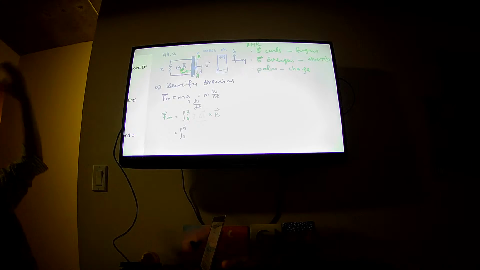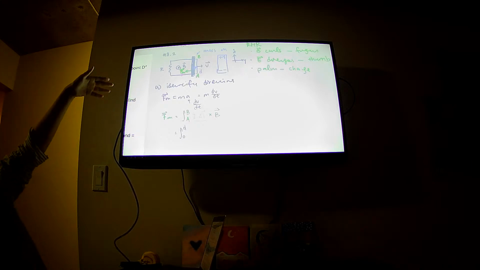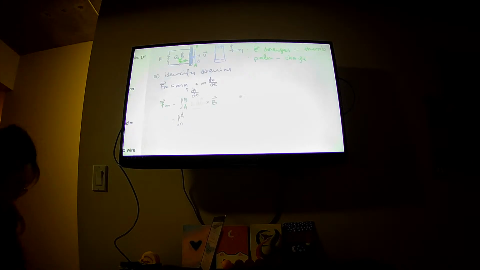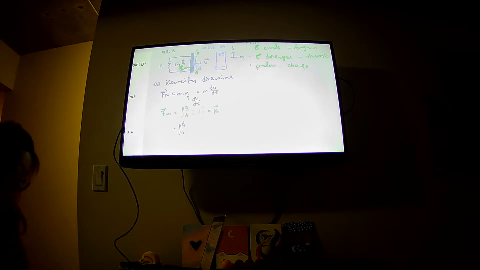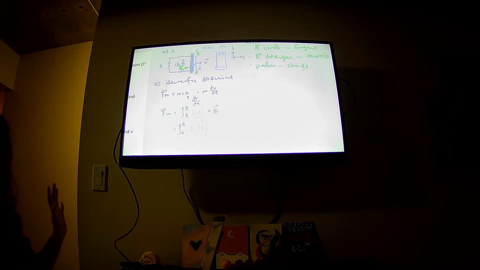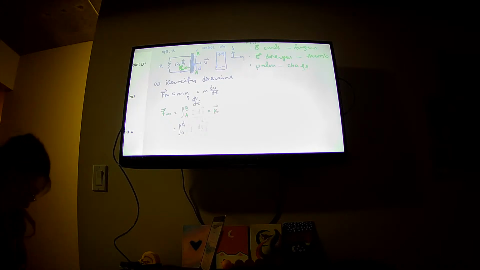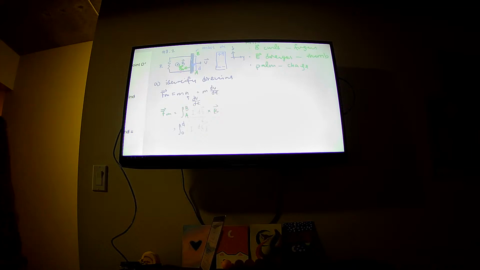I'm integrating over the bar, and I say that the current is pointing downward during this part, so my dL will become dz in the z direction. The line vector has a length and a direction, so I'm just separating the length from the direction. Z is because it points in the z direction.